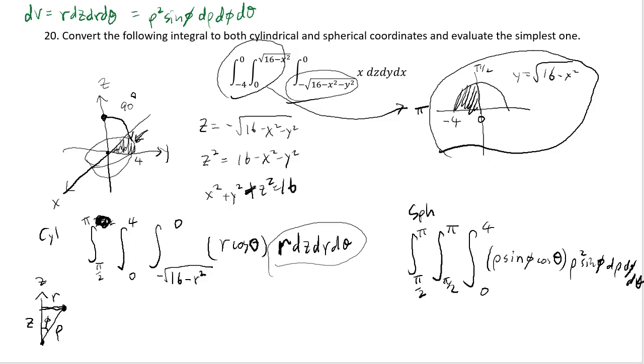So from here we have the important formula that z is rho cosine phi, whereas r is rho sine phi. So these two are needed in order to convert things into the spherical coordinate system.